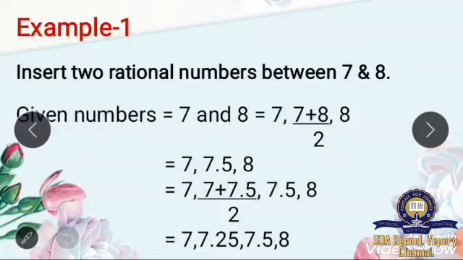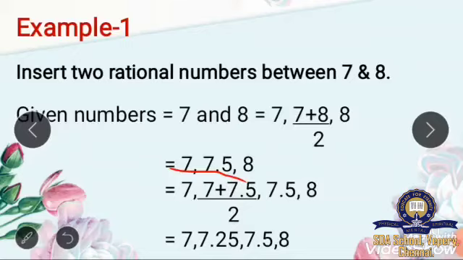In this we only find one rational number in between 7 and 8. So the next term we are going to find, let's see how to find. Let me take these two terms, 7 and 7.5. In the same way, we are going to add these two terms and divide by 2.